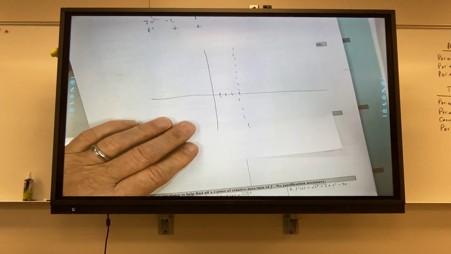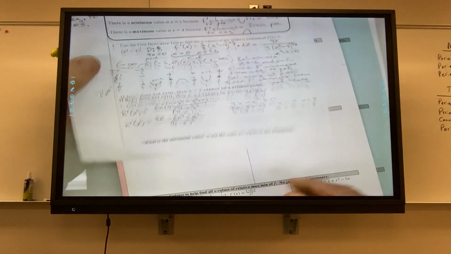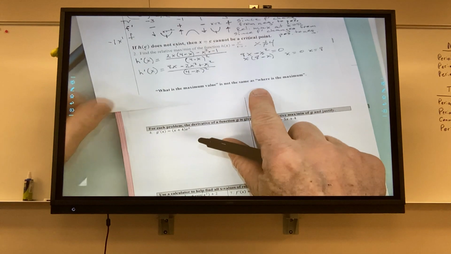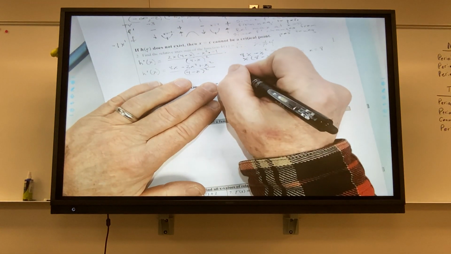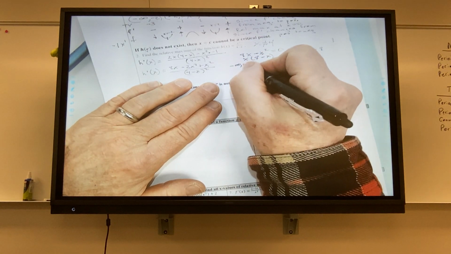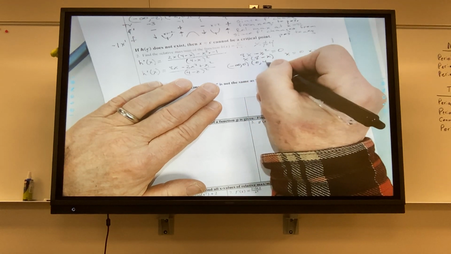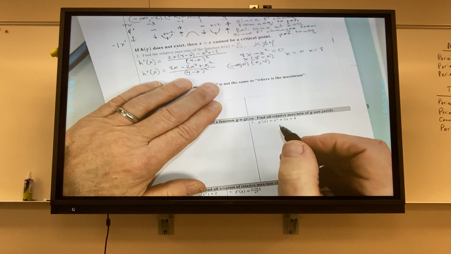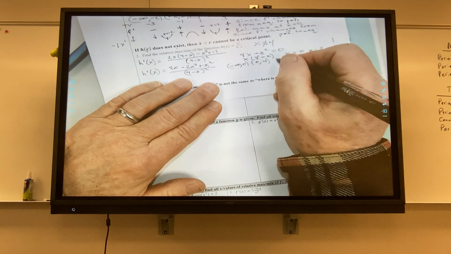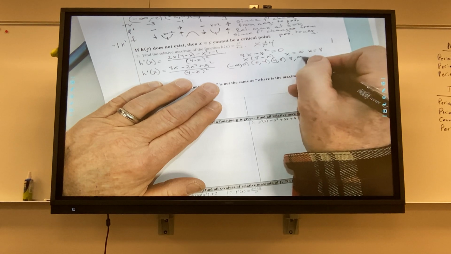Does everybody understand that? So when I do my first derivative test, I have to include it, but it's not going to be a relative min or max. So when I set this up, I'm going to have negative infinity to 0, 0 to 4, because it's a separator, and 4 to 8 and 8 to infinity.